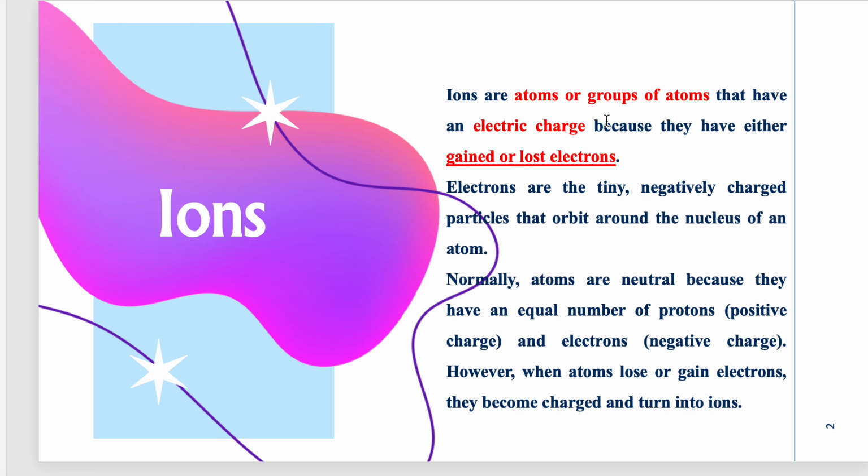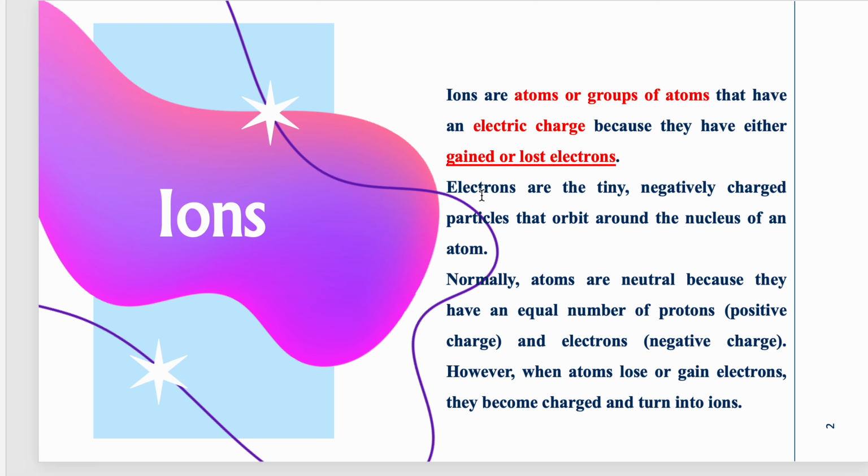As we just studied, ions are atoms or groups of atoms that have an electric charge. And why do they have an electric charge? Because those atoms have either gained or lost electrons. Electrons are tiny negatively charged particles that orbit around the nucleus of an atom.